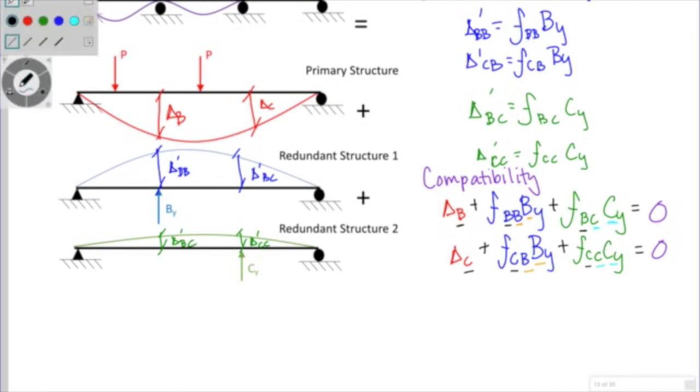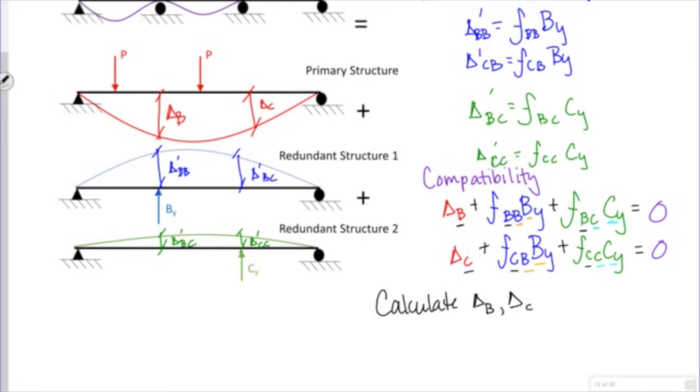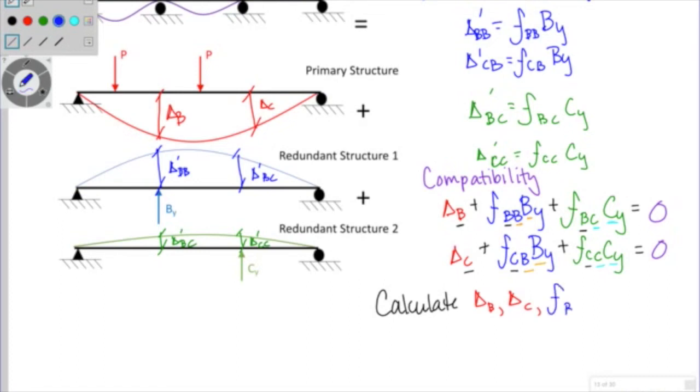Now we calculate delta B, delta C, the primary structure. Delta B, delta C, my flexibility coefficients, FBB, FCB, and my other flexibility coefficients, FBC, FCC.